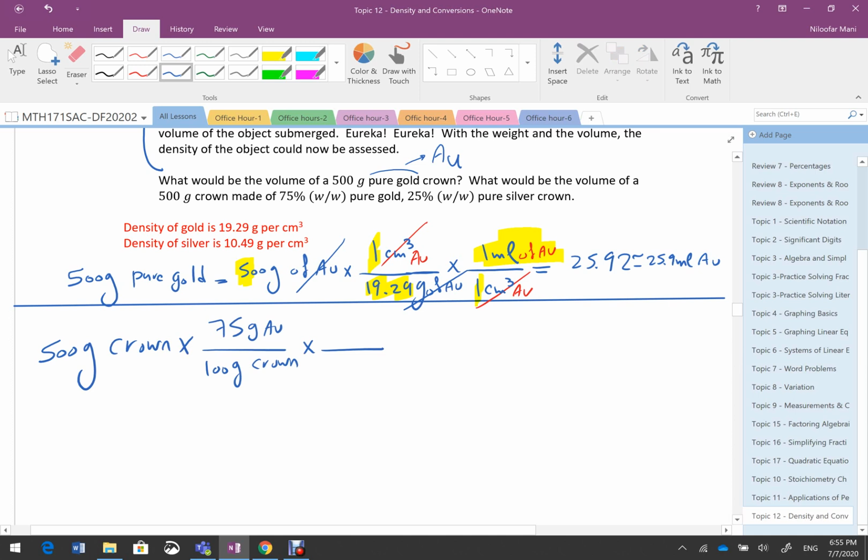First we assumed it is 500 gram of gold and found the volume. Now we assume it is partly gold, partly silver, 75 and 25. We can do any other percentage.